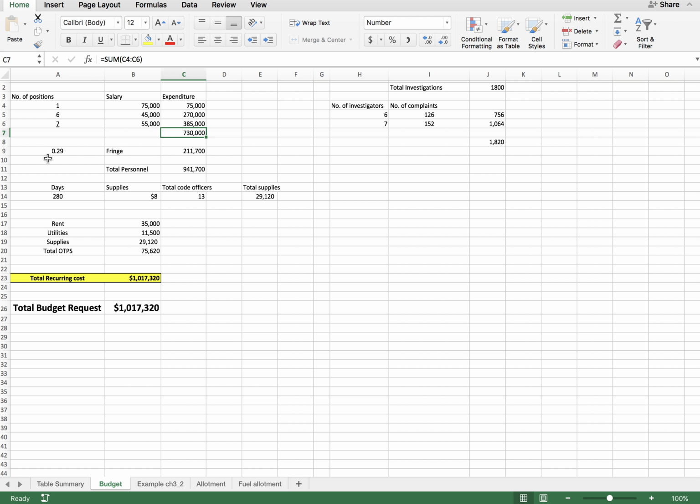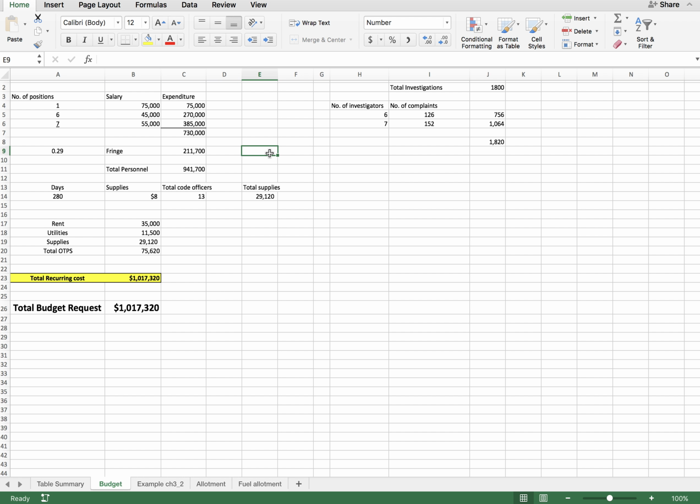Now you notice over here I have 29% for fringe benefits. I multiplied this 29% times the 730, and that gave me $211,000 for fringe benefits. Therefore my total personnel cost comes to 941,700, which includes the salaries plus my fringe benefits.